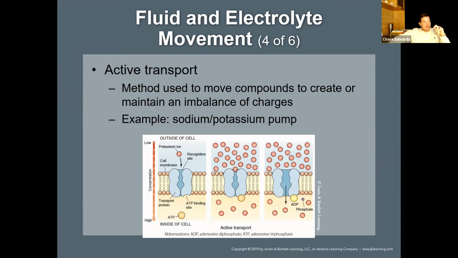So there's active transport there, a method used to move compounds to create and maintain an imbalance of charges. An example of this is, like you see here, the sodium-potassium pump. The cell uses sodium outside the cell and potassium inside the cell, as in depolarization. The cell uses ATP to actively transport compounds across its membrane.